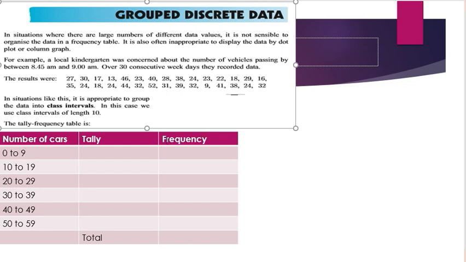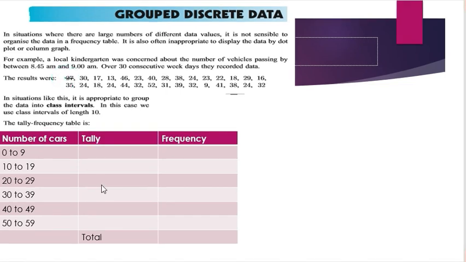Okay, so the tally frequency table is below. For the number of cars, there is a range given, 0 to 9, and we will be tallying these numbers. So let's start and do it. So we have here 27. Okay, so 27 is under 20 to 29, 30 to 39.